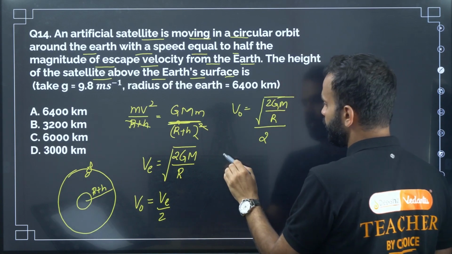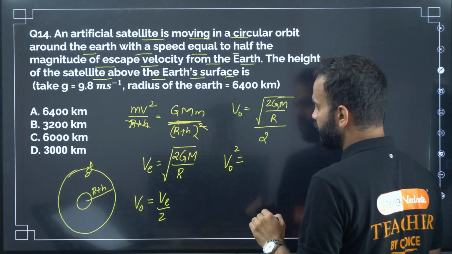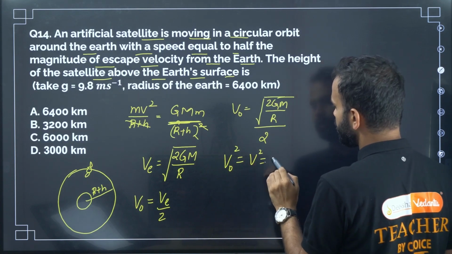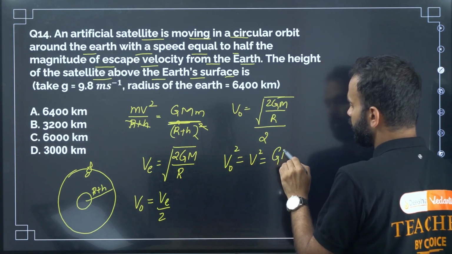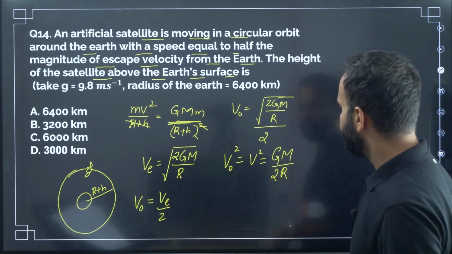Okay, so now Vo squared, or V square, is equal to GM divided by 2R, okay, GM divided by 2R.